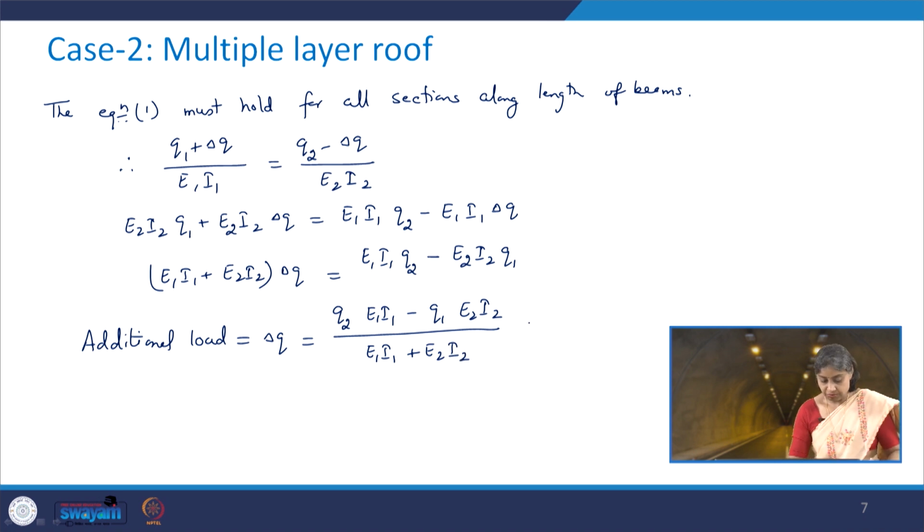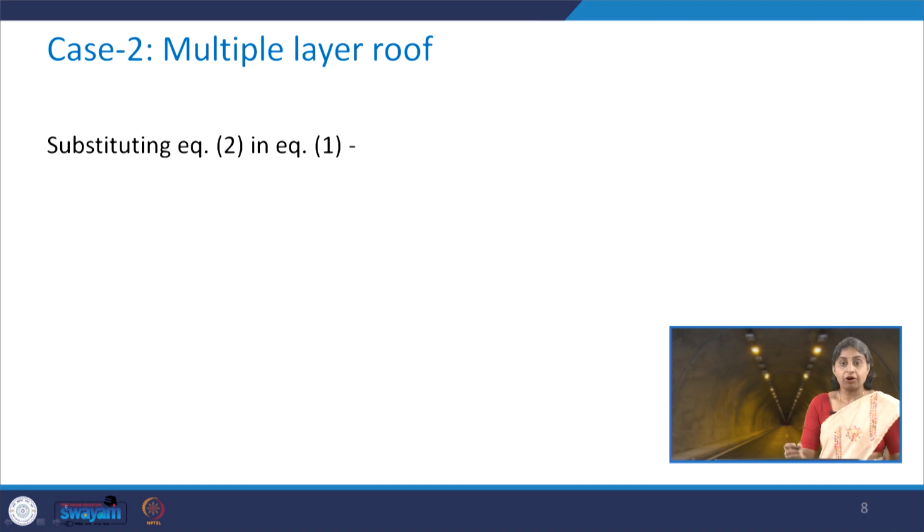So this is how we will get equation number 2, the expression for delta Q in terms of weight and the flexural rigidity of the beams, lower as well as upper. Now I can substitute this expression for delta Q in the earlier expression, that is equation number 1, so we can obtain the expression for the respective deflection. So here if I substitute this, what we will get is delta 1 equal to delta 2.